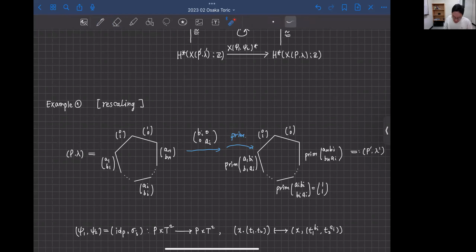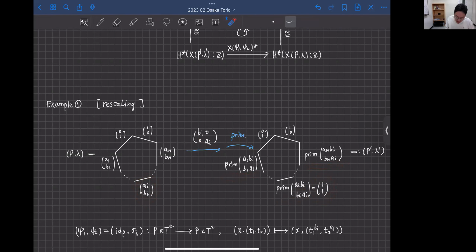Something like this. Since I am taking the product of diagonal bi and ai here, this edge becomes ai, bi, and bi, ai. And then taking the primitive vector of this is going to be 1 and 1, right? So this is the procedure where I'm changing ai, bi into 1 and 1, and accordingly the other vectors will be changed.